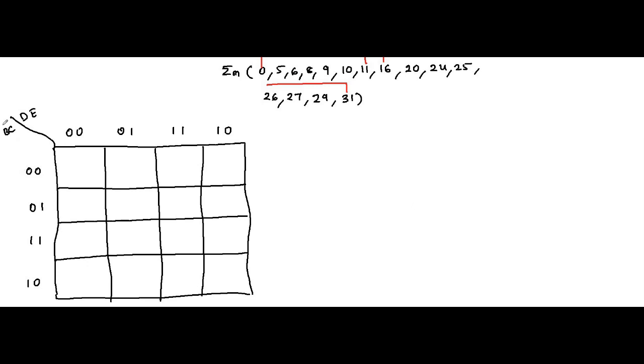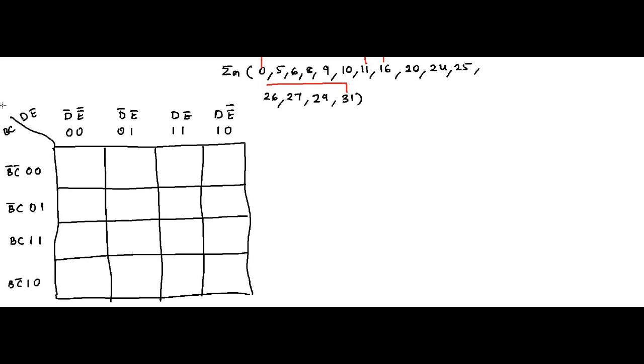In terms of the variables, which we have split here, they are SOP type: B bar C bar, B bar C, BC, BC bar. Here it is D bar E bar, D bar E, DE, DE bar. Why are we writing this? Because it is SOP, Minterm type, that's why we are writing it in this form. So this is the first part.